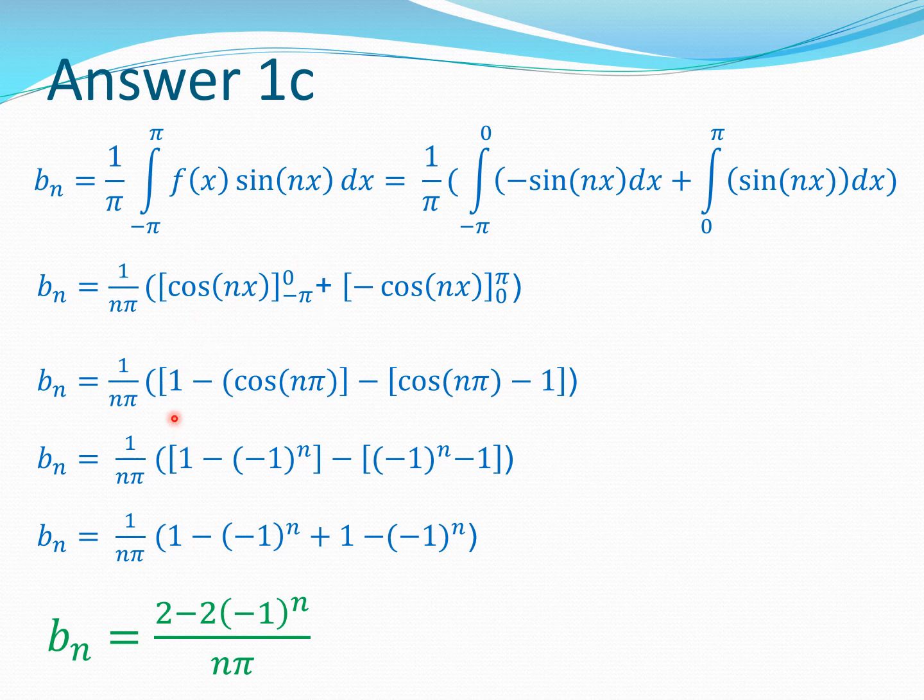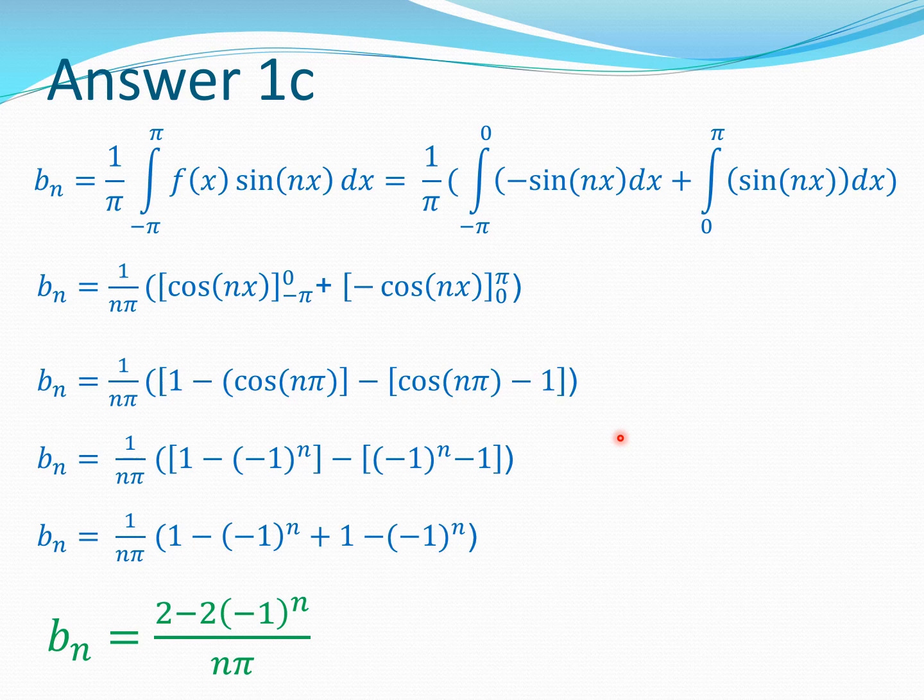The first term becomes cos 0, which is simply 1, minus cos of n pi. Remember, cos of minus n pi is the same as cos of n pi. So this comes out here. For the next term I can take the minus out of this bracket and put it here, so I would get a cos n pi minus 1 term. So this is the solution here.